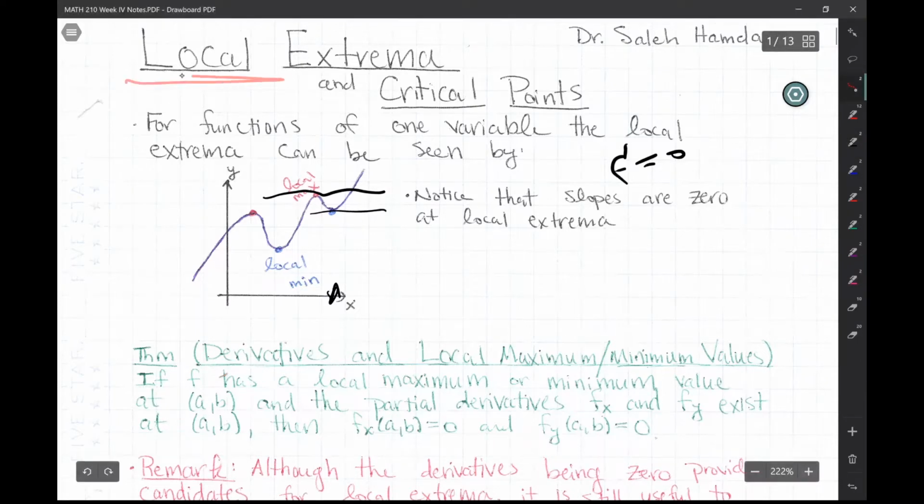So what does the local part mean in local extrema? Well, consider this point here. It's a local min. Does that mean that it's the lowest point of the function? No, this point here is even lower than it. But what it does mean is that it's the lowest point in a neighborhood around it. If you look at the points around that local min, they're higher than this point.